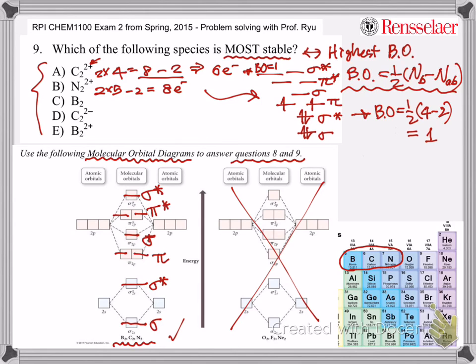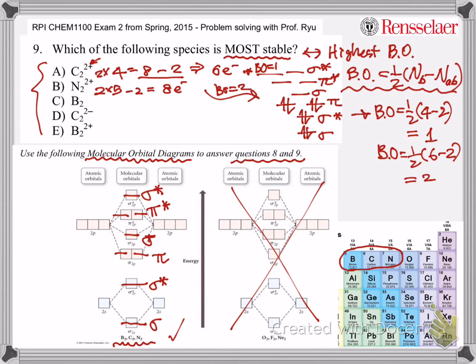Where do they go? They go up here, this one and the bottom one. So the number of bonding electrons goes up to 6, and the anti-bonding is still 2. So you have a bond order of 2. Great, so it's going up.